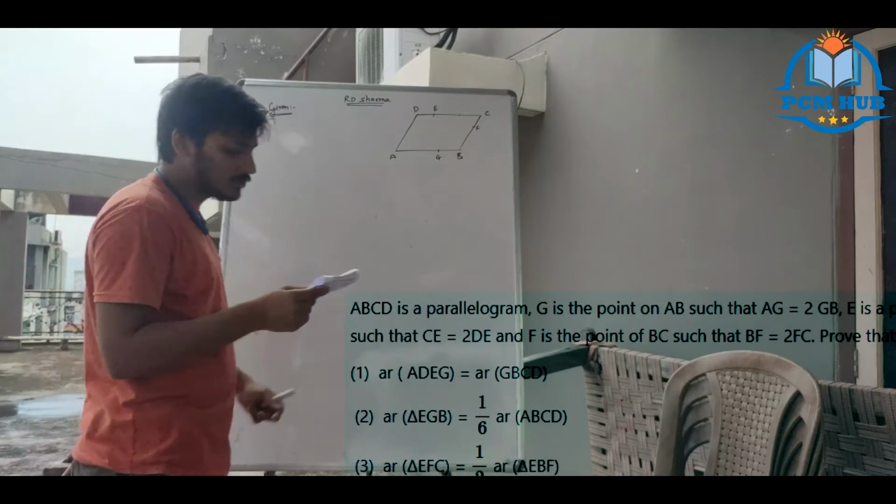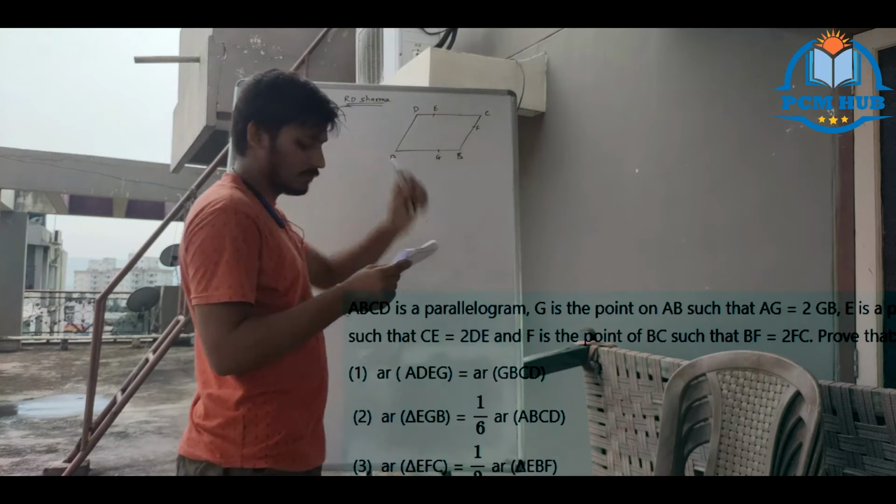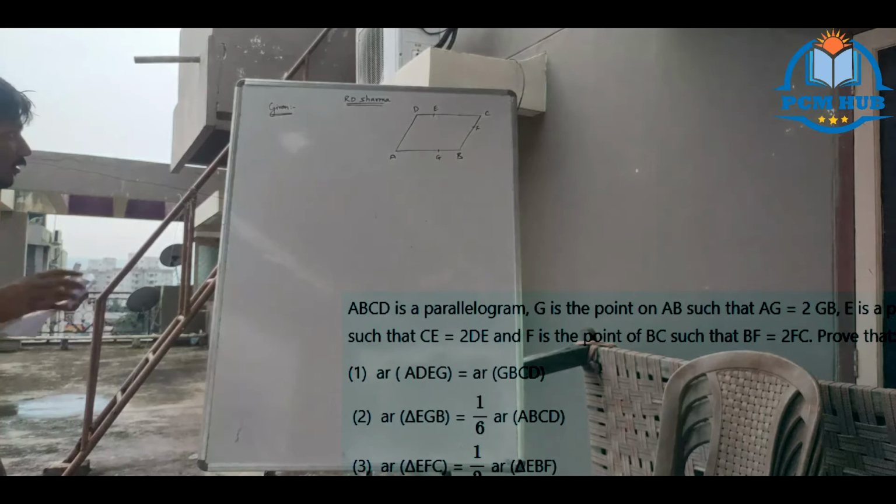And F is a point on BC such that BF equal to 2 times FC. That's it. Prove that.